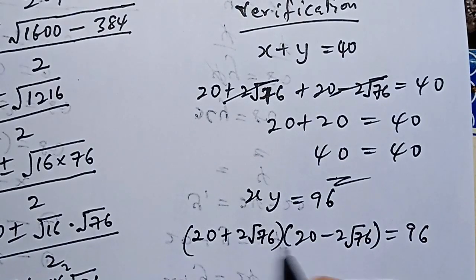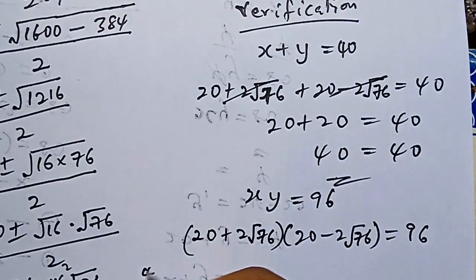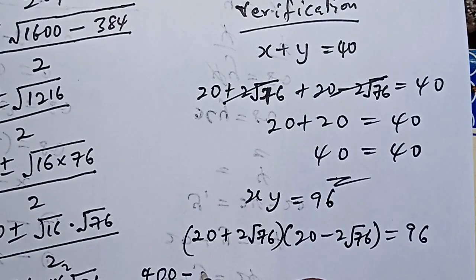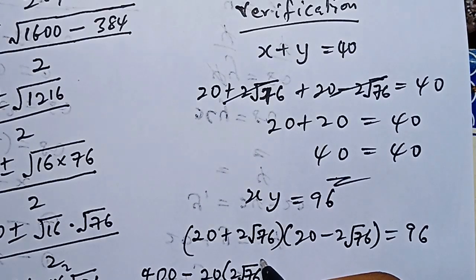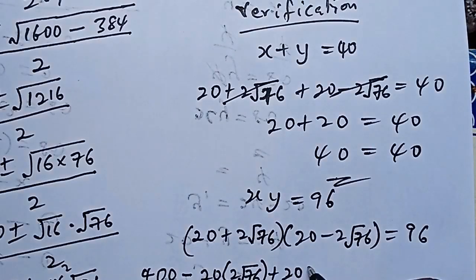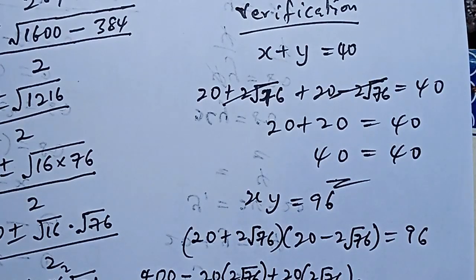If we multiply all through, our expression is 400 minus 20 into bracket 2 square root of 76, plus 20 into bracket 2 square root of 76, minus 4 multiplied by 76, all equals 96.